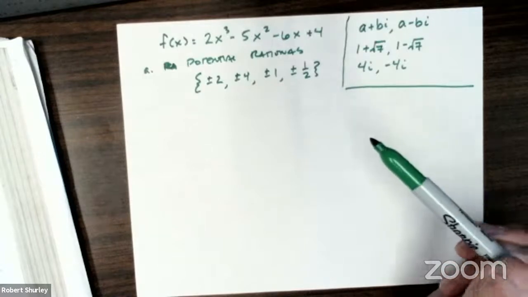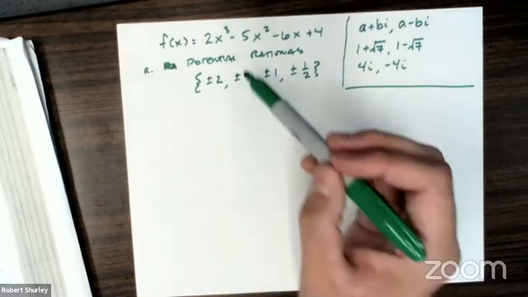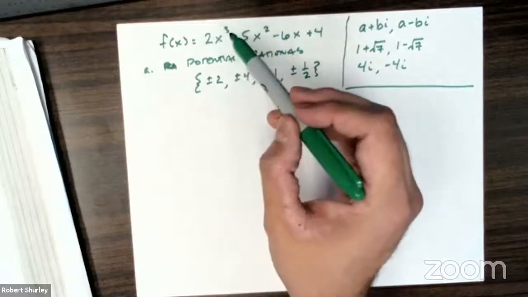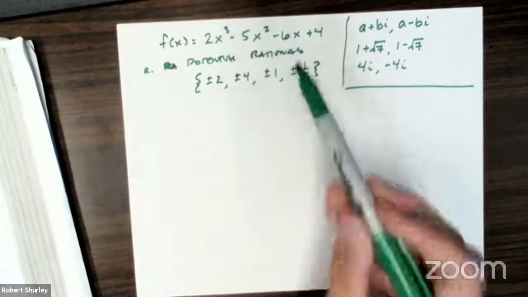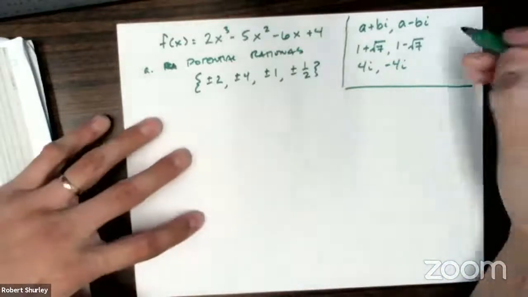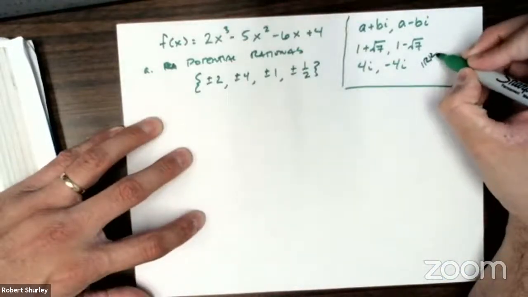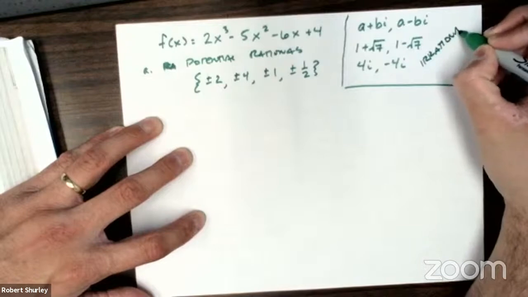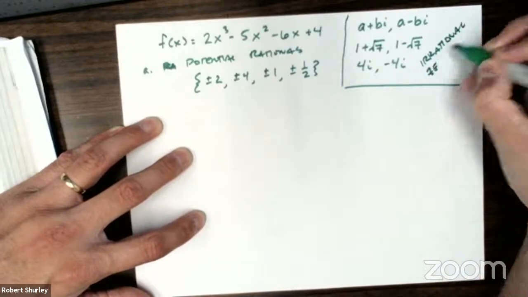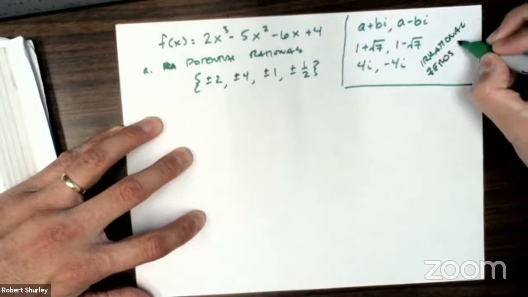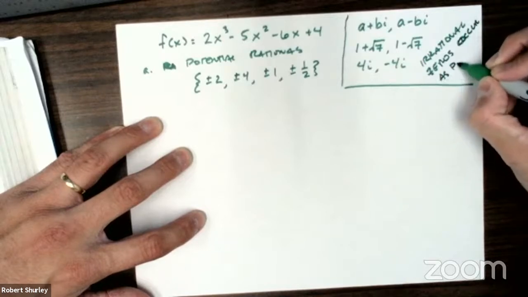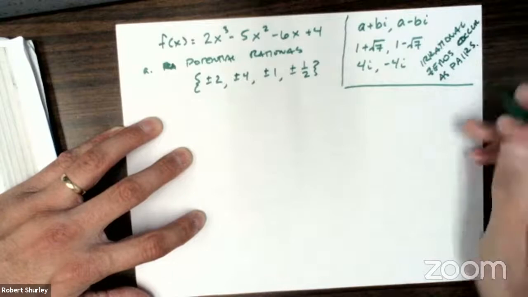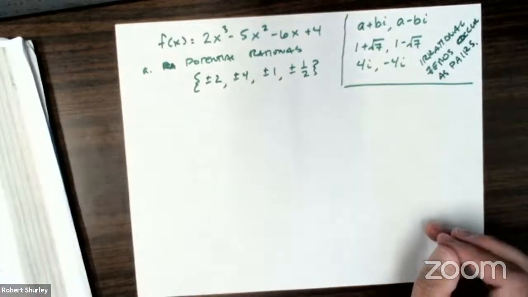I know that sounds goofy, but it's just how it is. So if you have an odd degree, you have at least one rational zero, because all the irrationals occur as pairs. I'm going to put that down: irrational zeros occur as pairs. And we'll see it with this one, I believe.